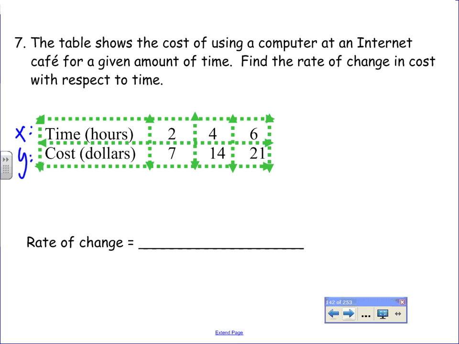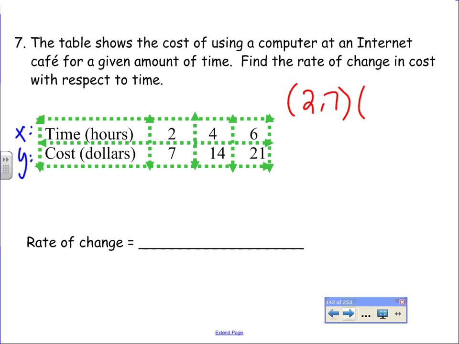So, what I need you guys to do is find coordinate pairs, ordered pairs. They give you enough information that you should be able to find 3 pairs, and then you can find the slope from those pairs. So what's my very first pair? How can I make this into ordered pair form? Right, 2, 7.